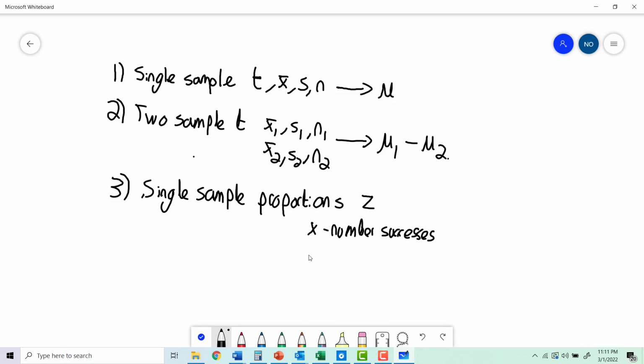Did I spell successes right? I don't know. Then we have n, the number of trials. And then we have our p hat, which is x over n. And we're making inference on the population value p, the population proportion.